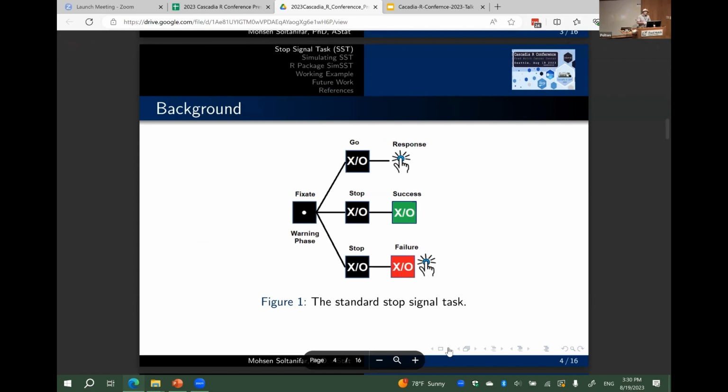If it's O, you press the O button. In 25% or 30% of the trials, a tiny time after you see the screen, you hear a beep, so you shouldn't press the button. Sometimes you fail, and that's called a failed stop signal task trial.